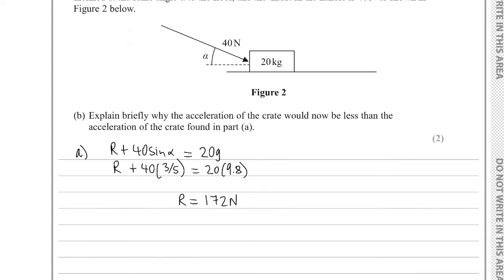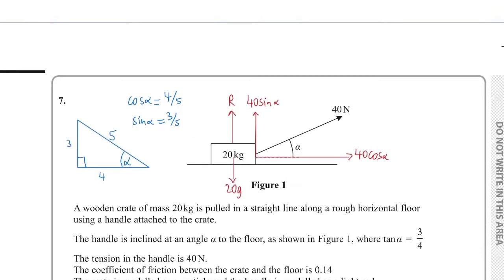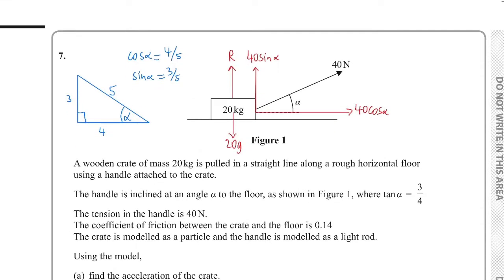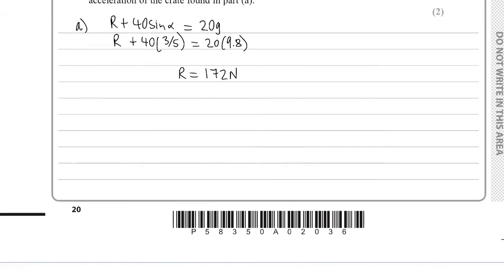We know that the frictional force now will be mu R. So to find the acceleration, we've got acceleration towards the right. I'm just going to do 40 cos alpha minus mu R equals ma, mass times acceleration.